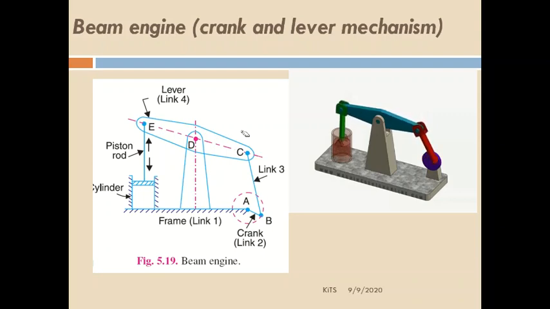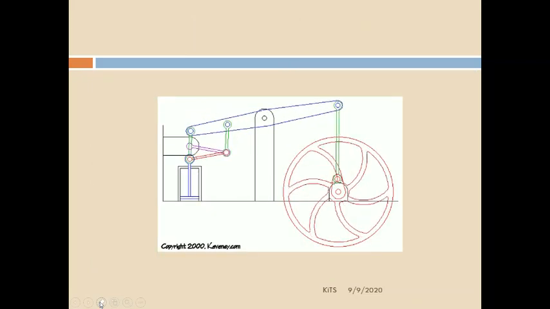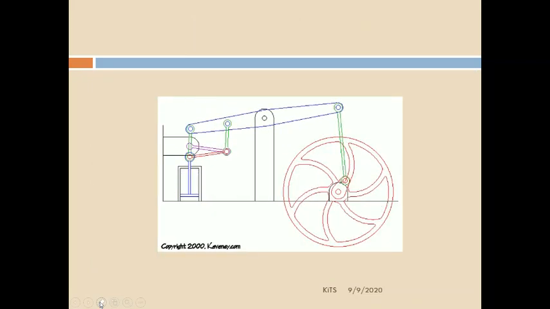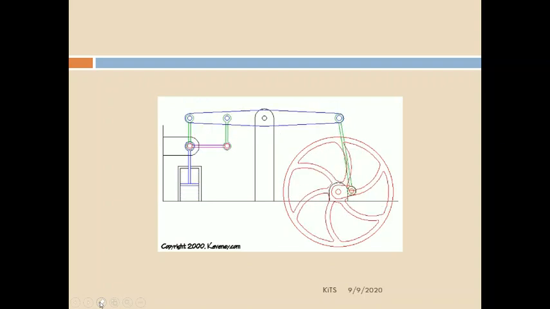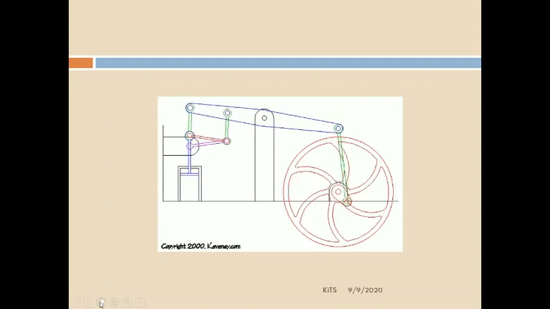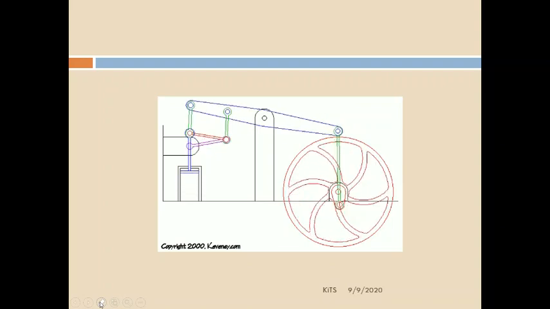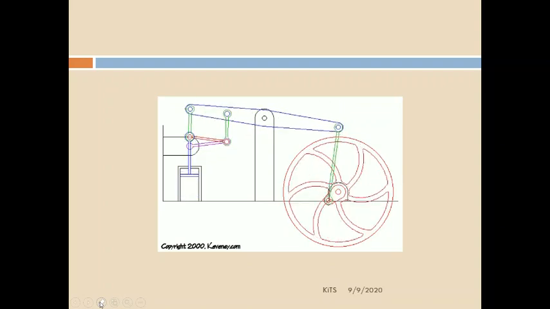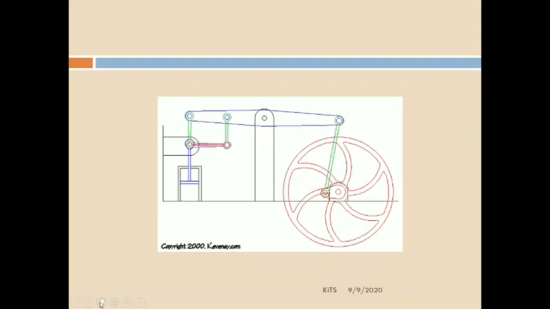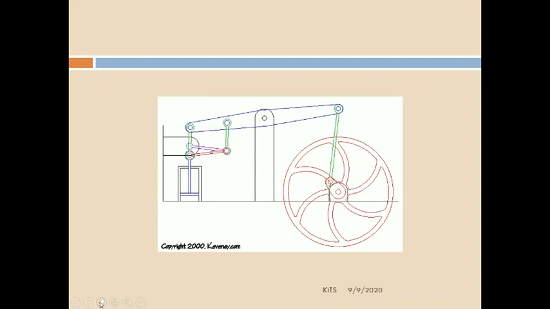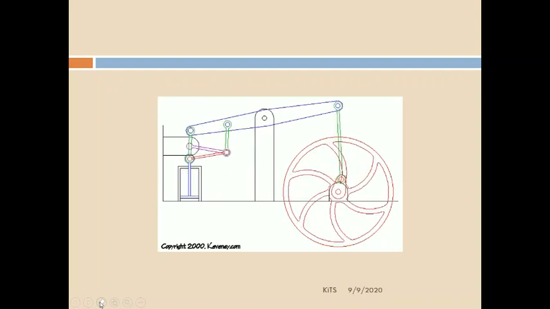When it moves in the upward direction, the piston will be pulled out of the cylinder. This is also another form of beam engine, a small change. In the olden days, they used the beam engine to suck water from the well.